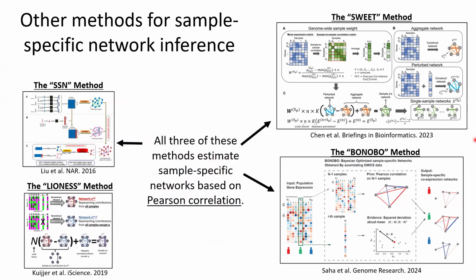Importantly, all three of these methods, the SSN method, the SWEET method, and the Bonobo method, have mathematics that is specifically derived in the context of Pearson correlation. And so when applying these methods, it's important to understand that the sample-specific network being inferred is a sample-specific Pearson correlation network, right? You can see that illustrated here in some of the mathematics that they refer to.